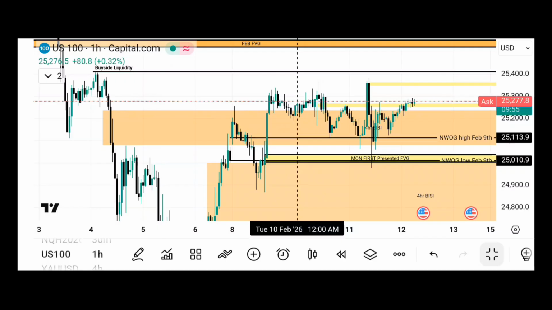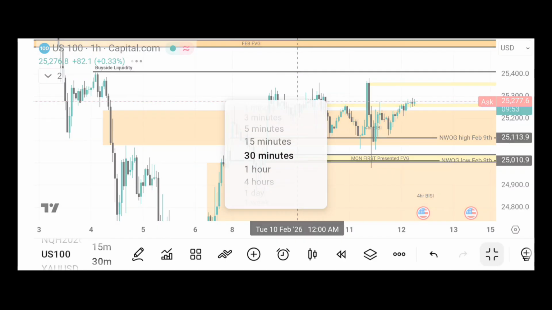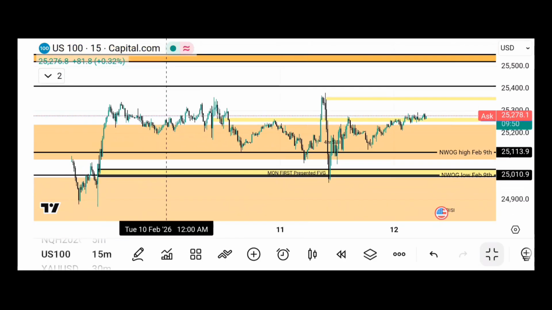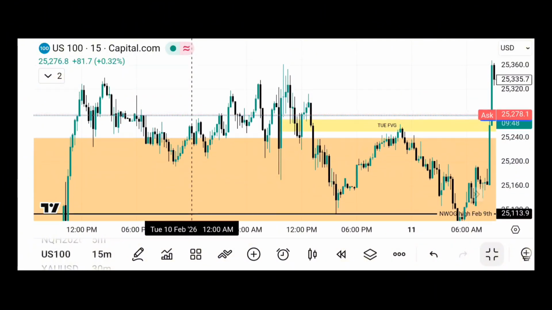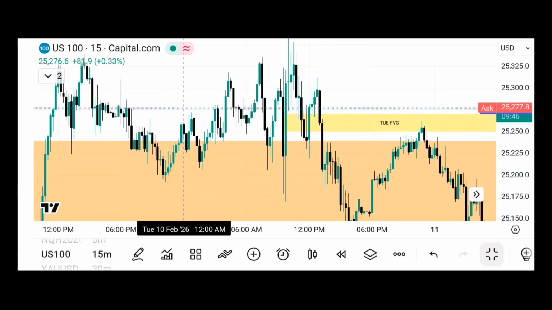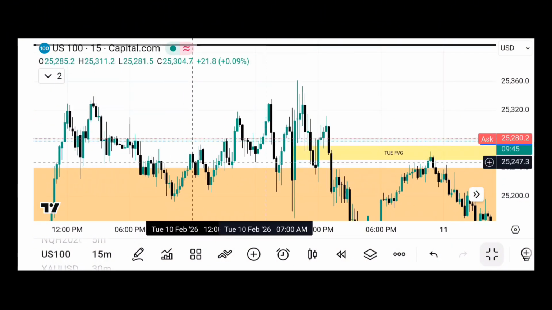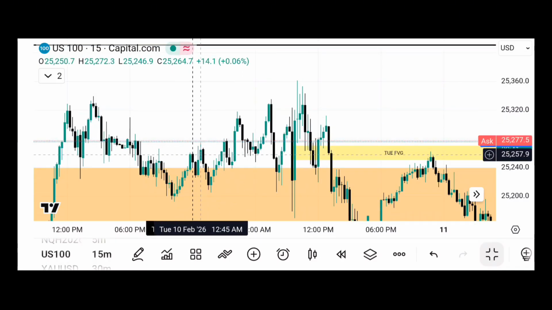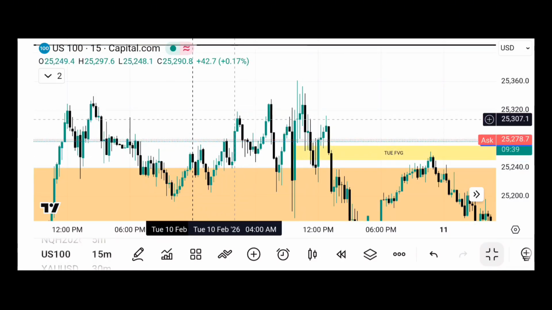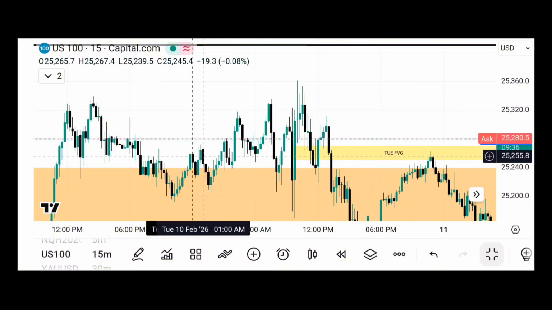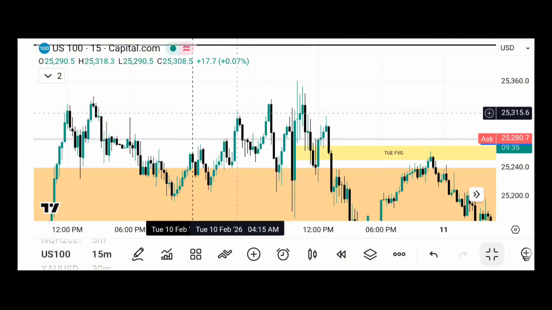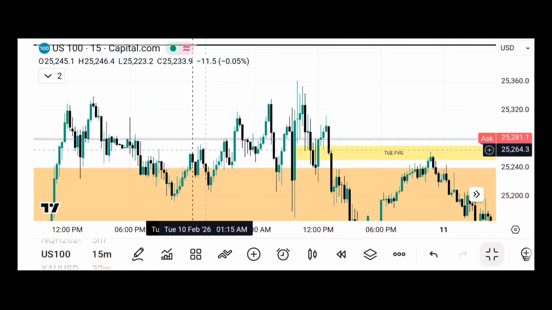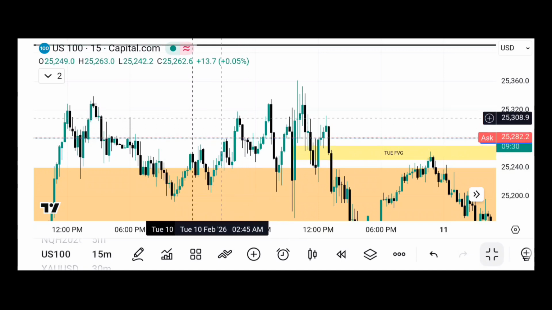So let's get into the chart, the 15 minute time frame. This high right here, you can see this one taking out this one. So price formed higher highs during this period. This was the London session.